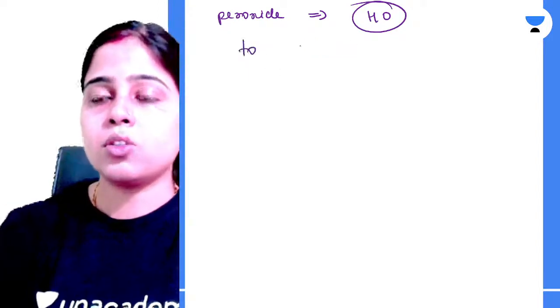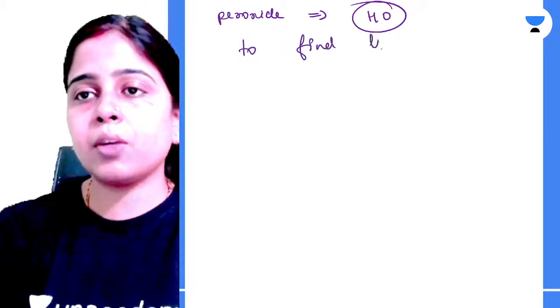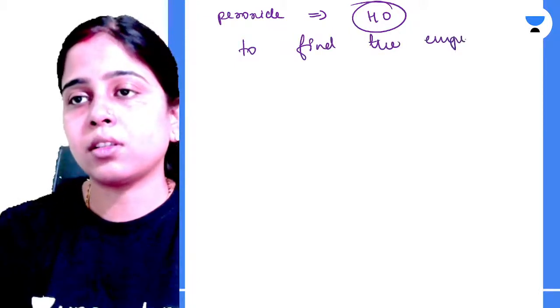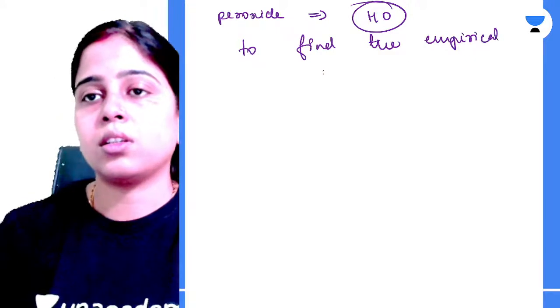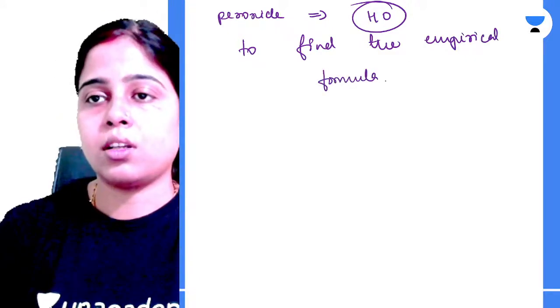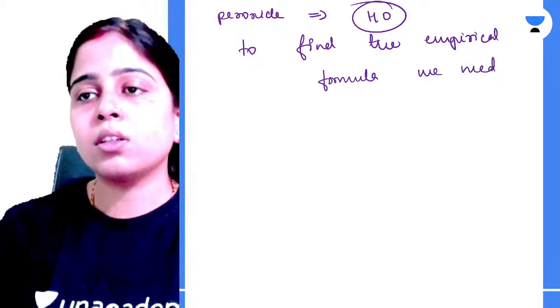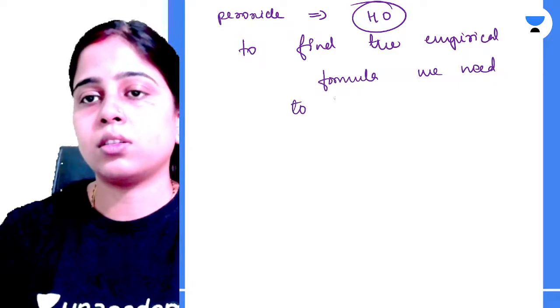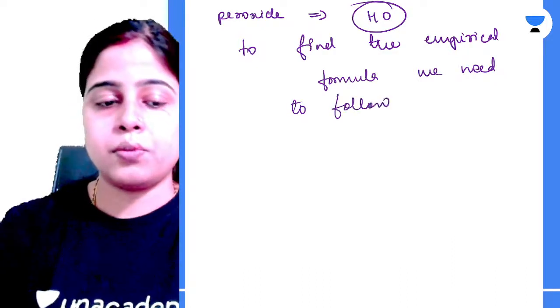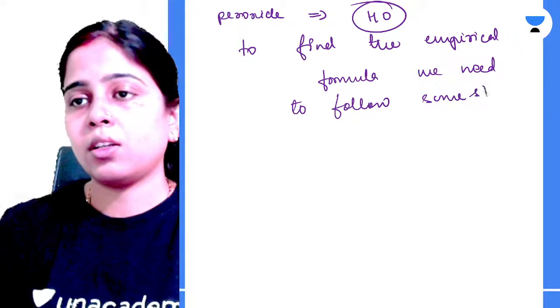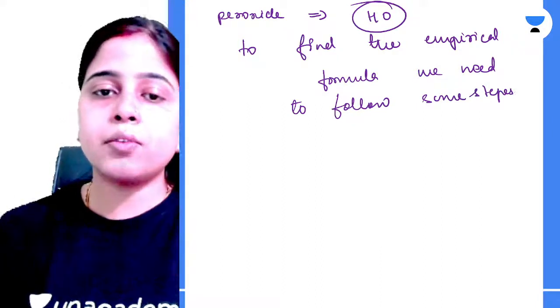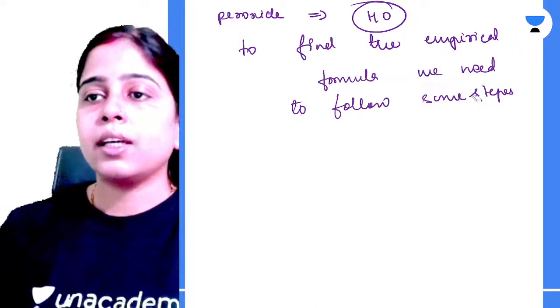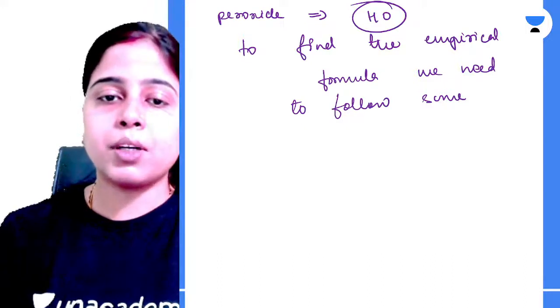So to find the empirical formula, we need to follow some steps. What are those steps that we are following here to find out the empirical formula of some compounds?